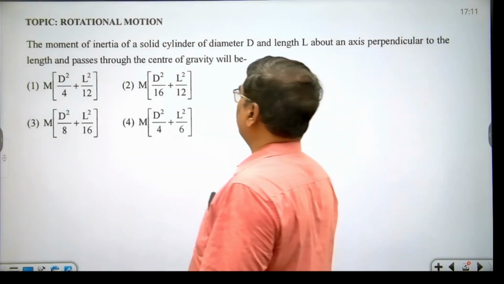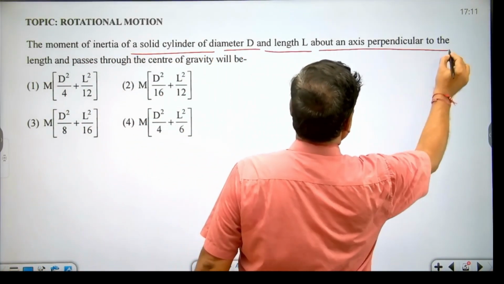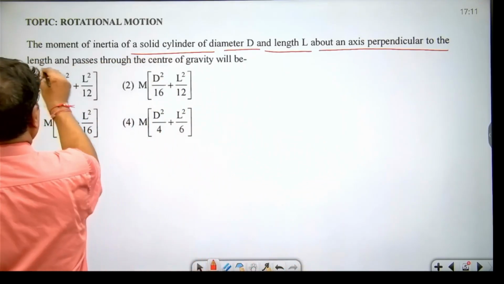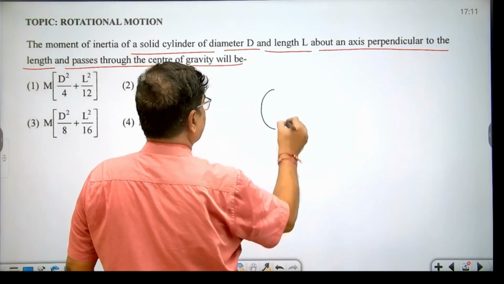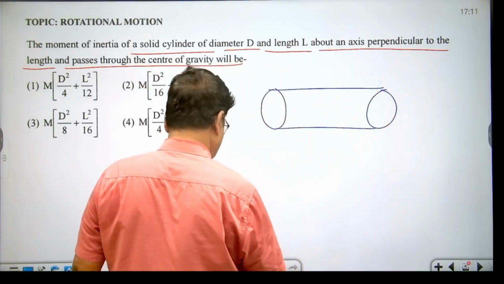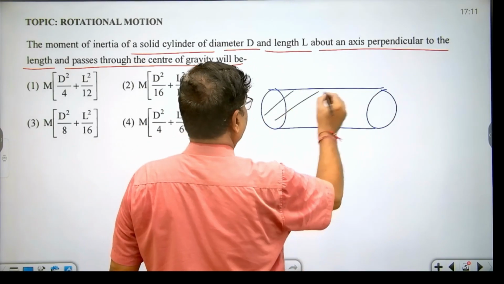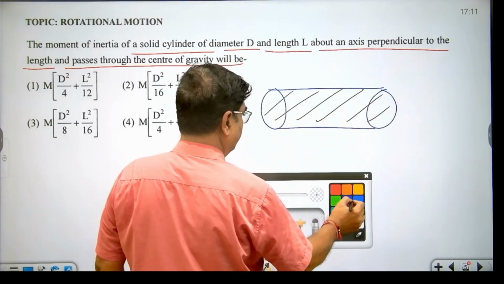The moment of inertia of a solid cylinder of diameter d and length L about an axis perpendicular to the length and passes through center of gravity. This is the situation. This is a solid cylinder. This is its geometrical axis.